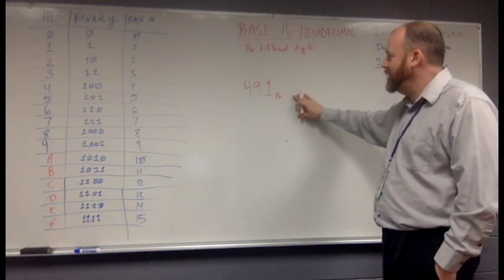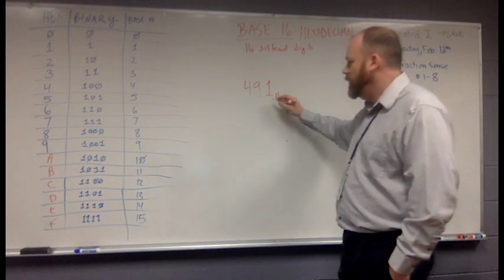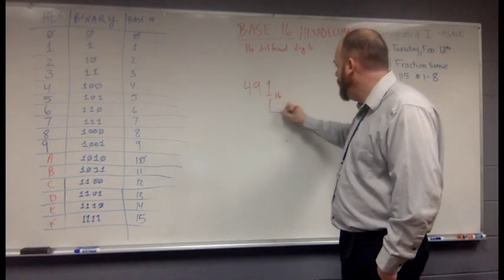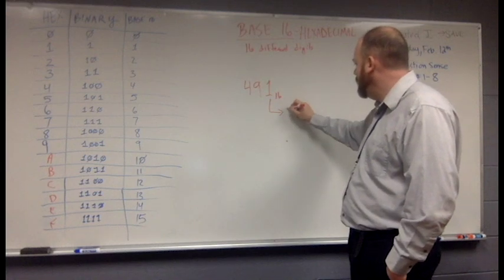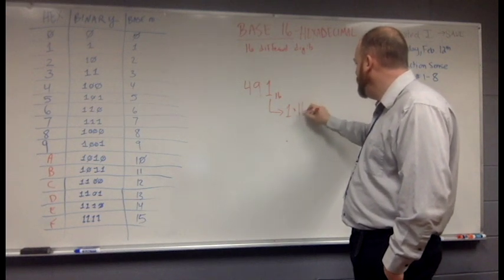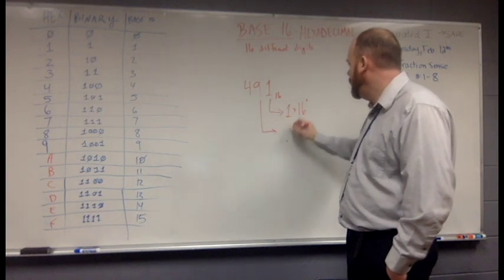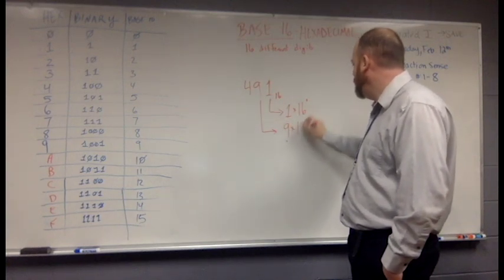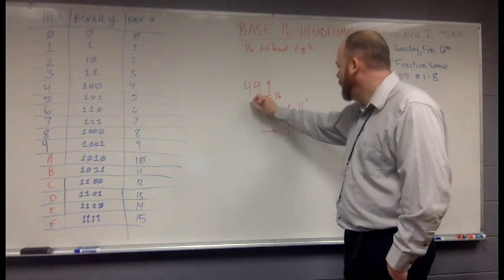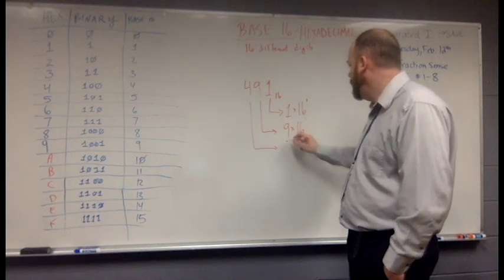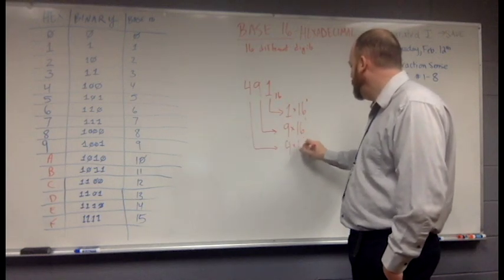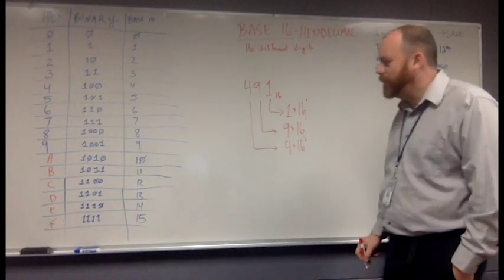And the answer is exactly the same way as we would in any other number system, which means that this is 1 times 16 to the 0th power. This is 9 times 16 to the 1st power, and this is 4 times 16 to the 2nd power.